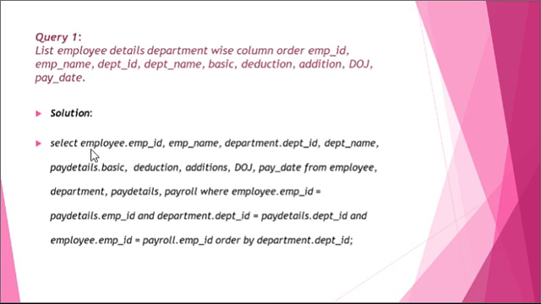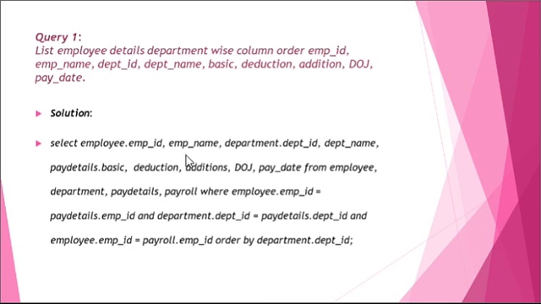So for this we will use employee dot employee ID. What does this employee dot employee ID represent? It represents that we want employee ID from the employee table, right? So we have put select employee dot employee ID. Next, employee name.